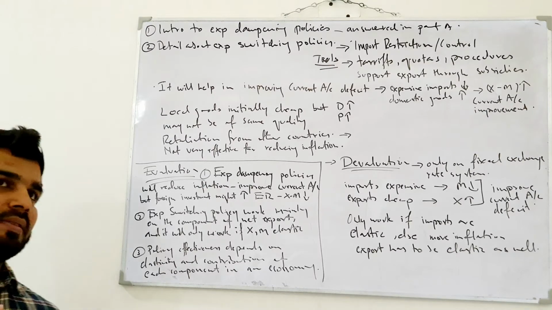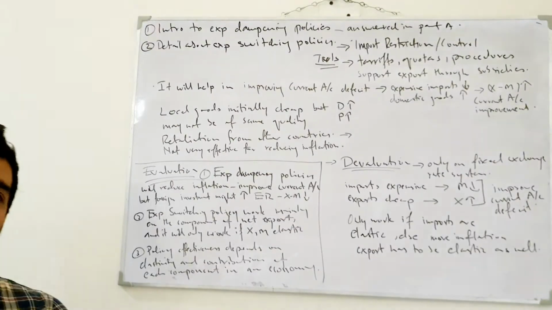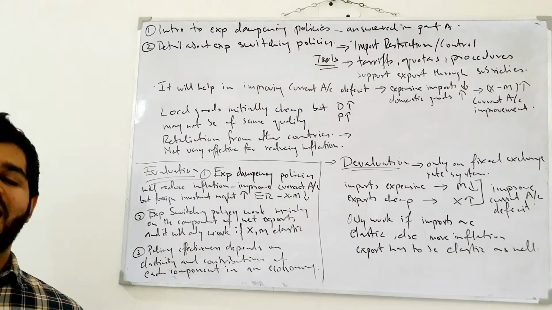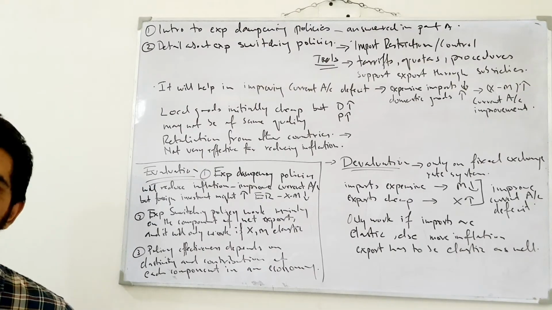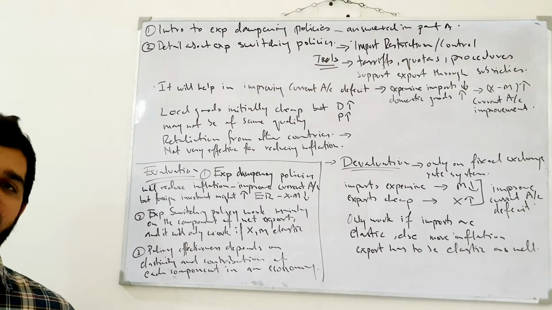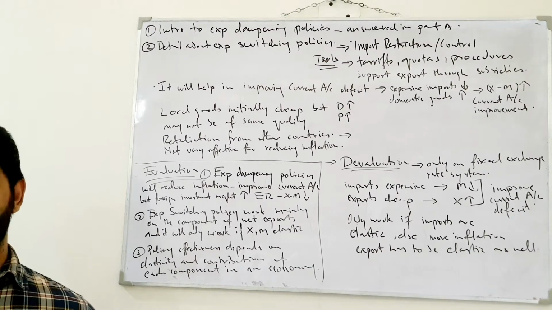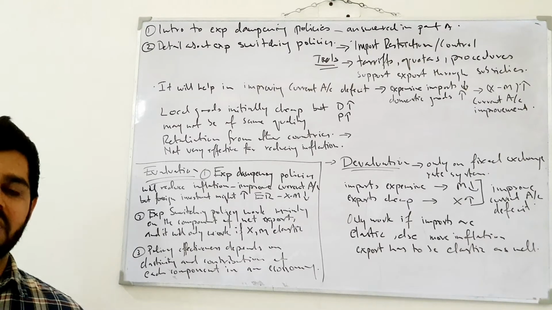But remember, in expenditure dampening policy we have contractionary monetary policy, which means we have a higher interest rate and a higher exchange rate. Whenever you have a higher interest rate, internationally your country becomes attractive, so everyone starts putting money in your country in order to gain higher interest. They will require your currency to put it in your bank.